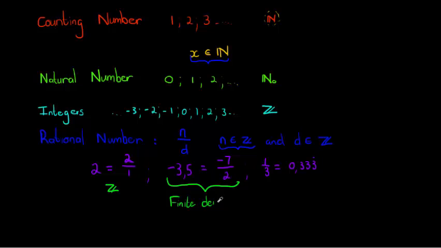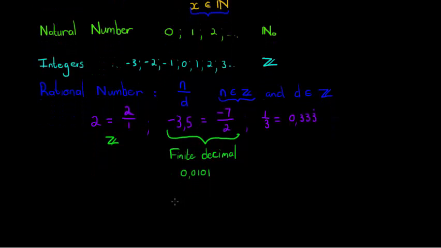For example, if I have a number like 0.0101, the way I can write this as an integer divided by an integer is I just take the whole thing without the comma, which would make it 00101.